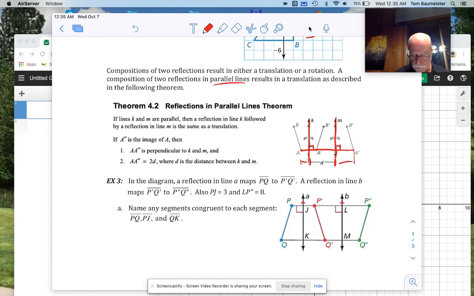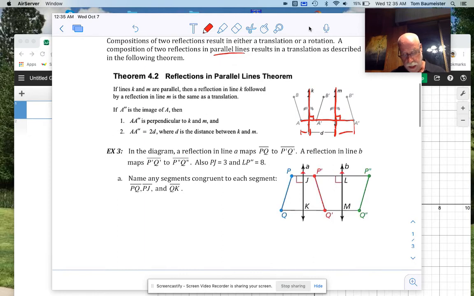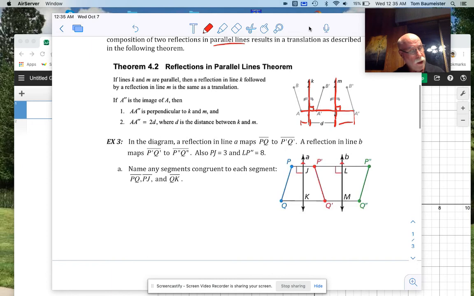All right, so name any segments congruent to each segment. So PQ and PJ and QK. If we look at PQ, PQ is this one right here. Remember, PQ is being reflected over K. So we haven't changed the size or the shape.